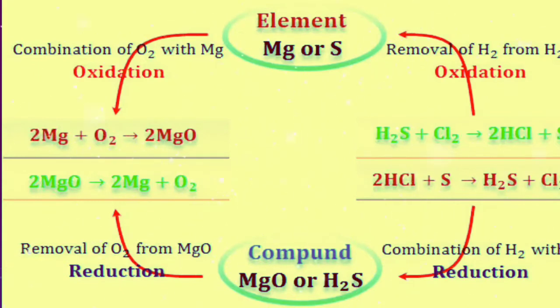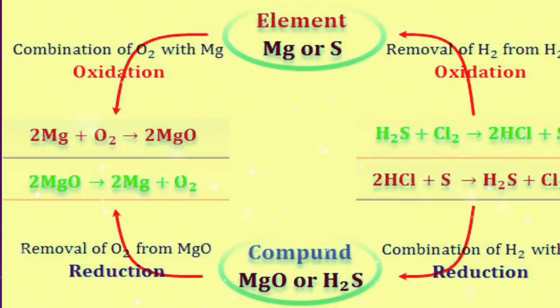So in this reaction, oxygen is the oxidizing agent, because due to oxygen, magnesium is losing electrons and being oxidized. Magnesium and oxygen react with each other, and oxygen is the oxidizing agent and magnesium is the reducing agent.